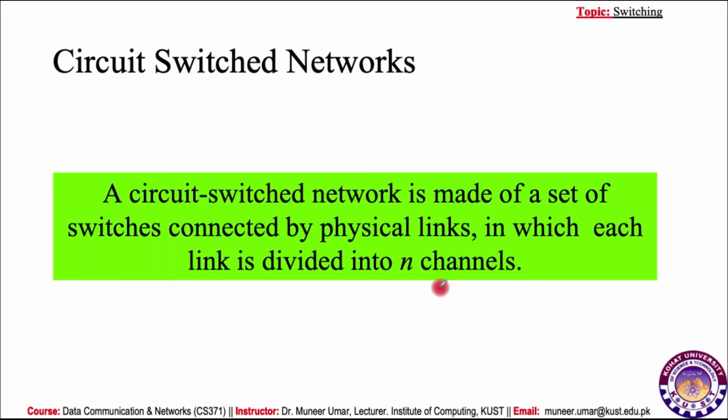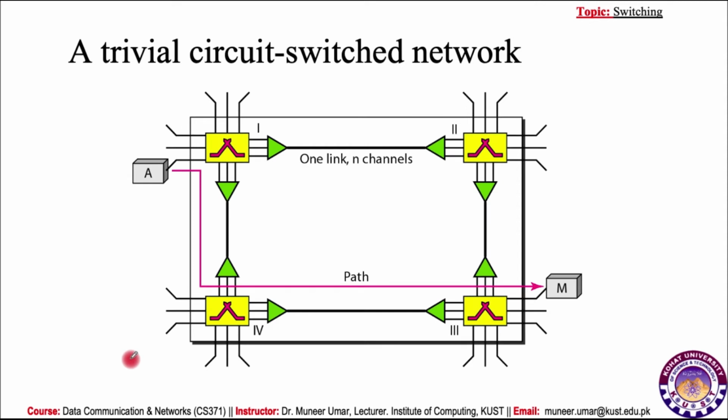A circuit switched network is made of a set of switches connected by physical links in which each link is divided into n channels. This figure shows a trivial circuit switched network. Now, if we look into this figure, we have some switches connected to end devices.